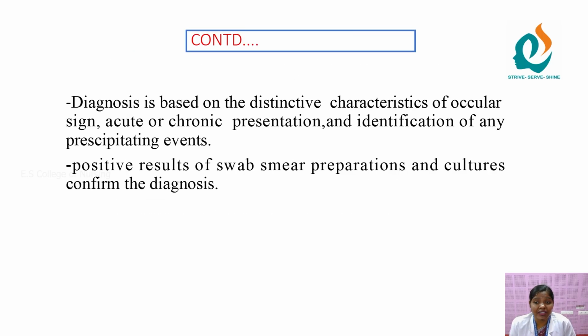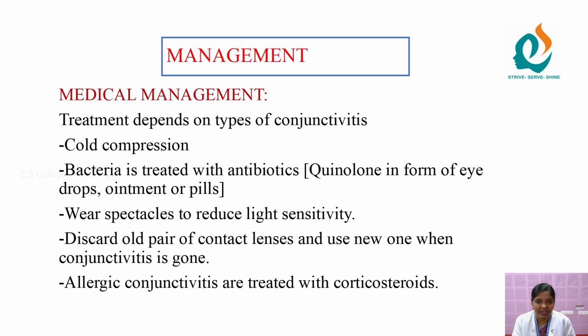Diagnosis is based on the distinctive characteristics of ocular signs, acute or chronic presentation, and identification of any precipitating event. A positive result of swab, smear preparations and cultures confirms the diagnosis.